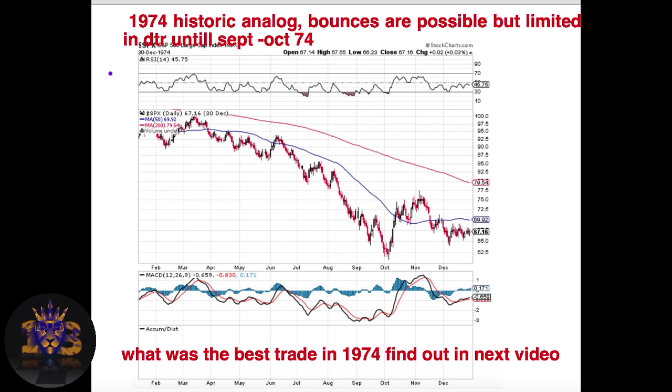So this is a chart of the S&P 500 dating to 1974. We've been using this recently as a historic analog, but even going back and analyzing this situation, which almost date-to-date matches with June now of 2022, you see that even the bounce here in 1974 was much greater than the bounce we just had.